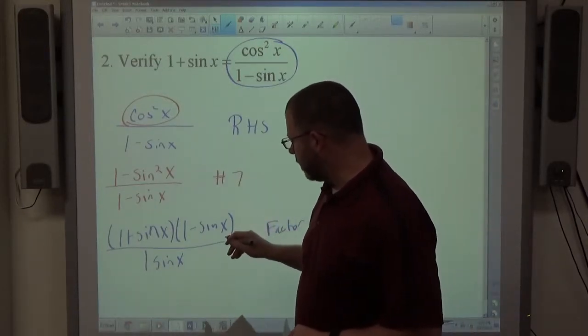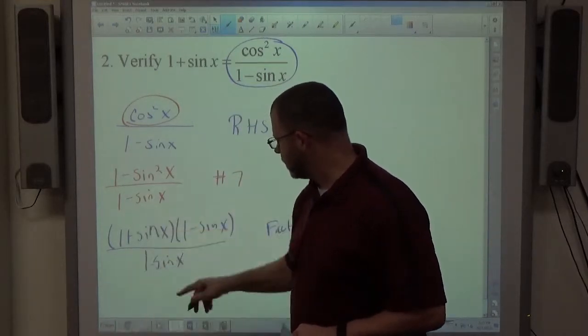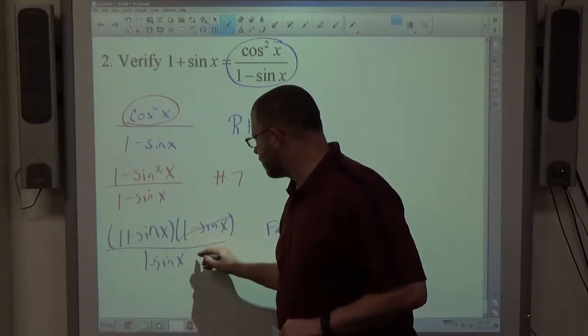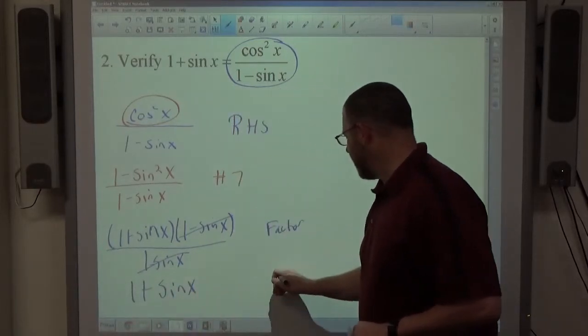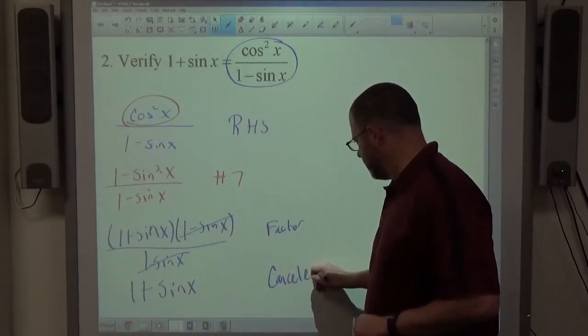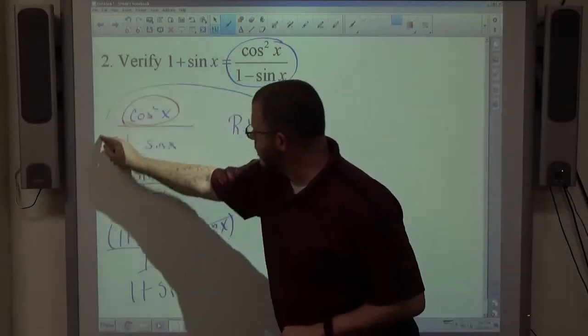And then of course, 1 minus sine of x on top and bottom canceling with 1 plus sine of x. That's by canceling. And there's your verification.